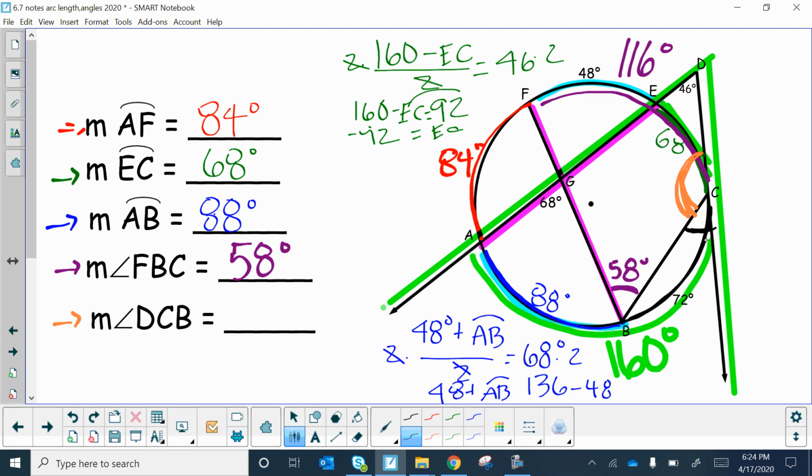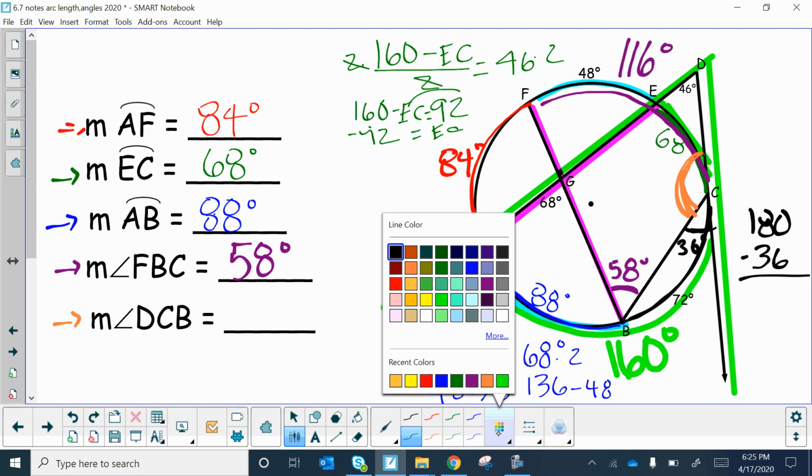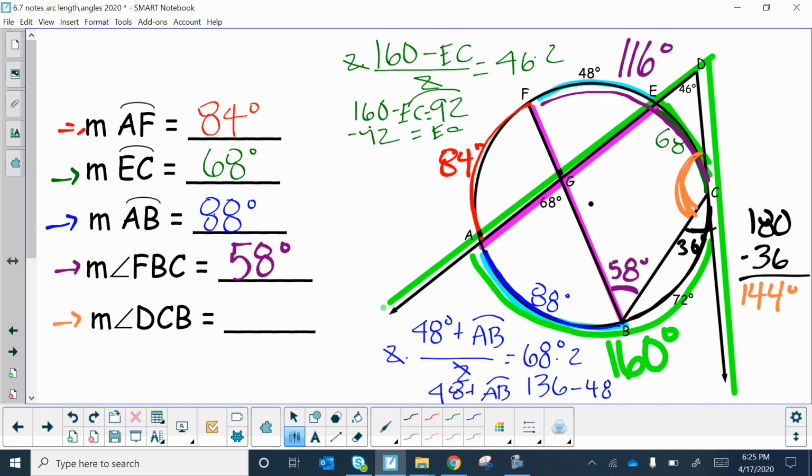All I have to do is take half of 72, which is 36. And so this angle right here is 36. Well, you know that's a linear pair, so I'm just going to take 180 degrees and minus the 36. And that'll leave me with my orange angle, which is 180 minus 36, 144. So that angle is 144 degrees.